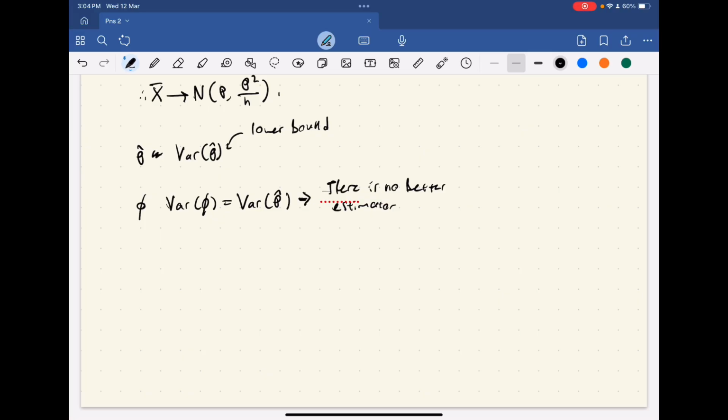What that means is that this estimator is the best estimator, in the sense that you can say phi or maybe theta hat is the MVUE, also known as the minimum variance unbiased estimator.